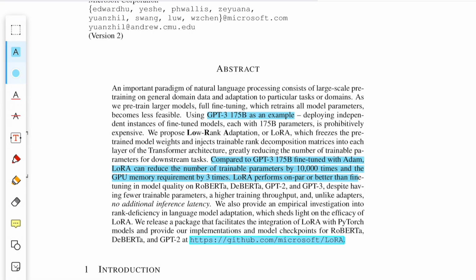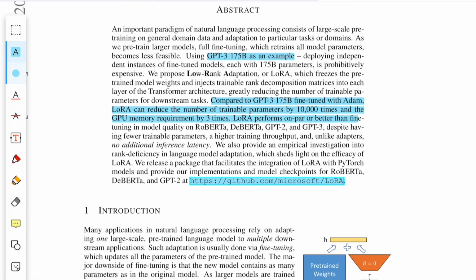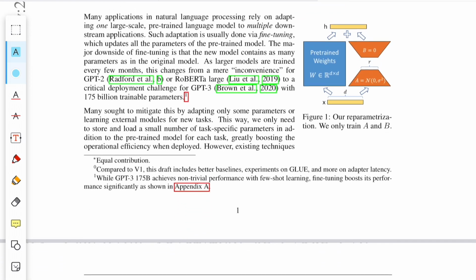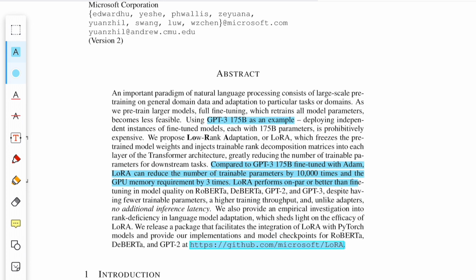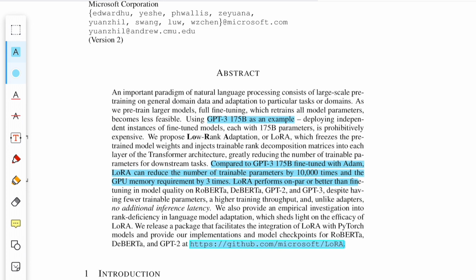Okay, let's go ahead. Let's look at what the paper explained. I wanna ask one question. From the abstract, we can say LoRA is trying to solve a training problem related to large language models.